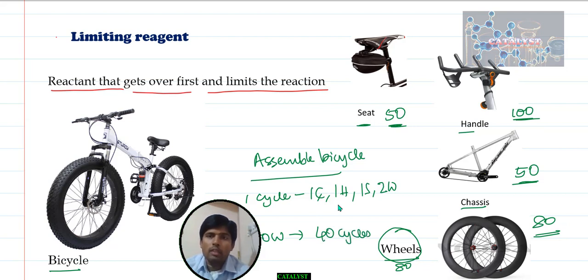So though there is so much excess of seats, too much excess of handles and excess of chassis, I am not able to make 50 cycles or 100 cycles, because there are only limited wheels. So exactly the same phenomenon occurs in a chemical reaction also, if the reactants taken are not according to the stoichiometric ratios.